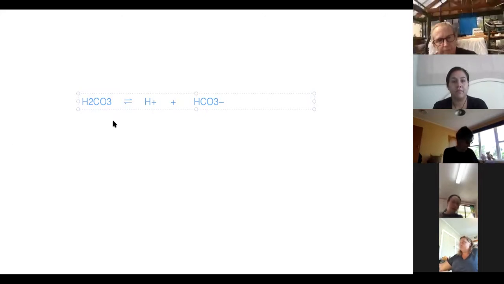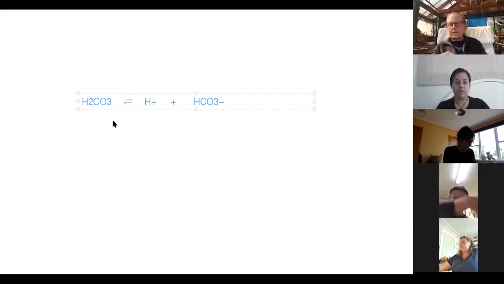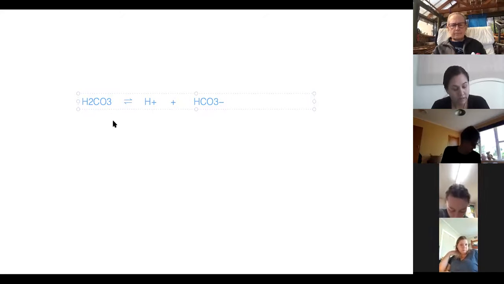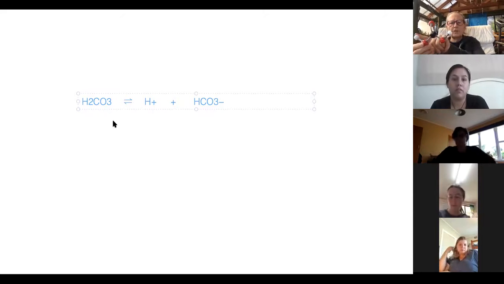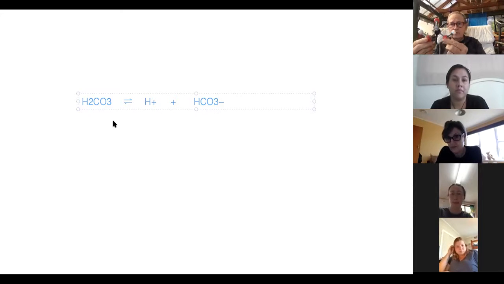The thing that I don't understand about it is if the bicarbonate, say, loses its hydrogen, then it will become the other thing. Yeah. So here's my bicarbonate ion. You can see I've got 2 hydrogens, 1 carbon, and 3 oxygens, which is exactly what it says.